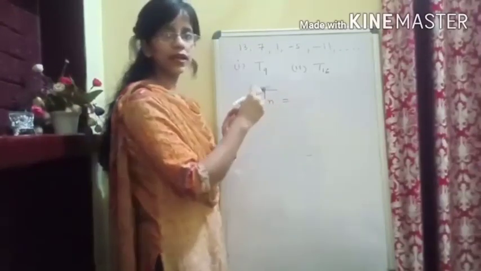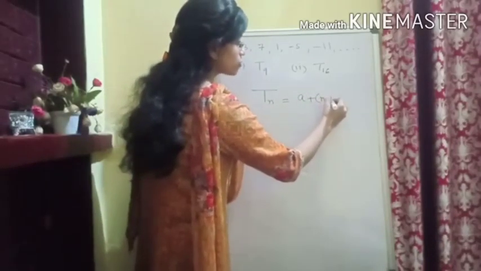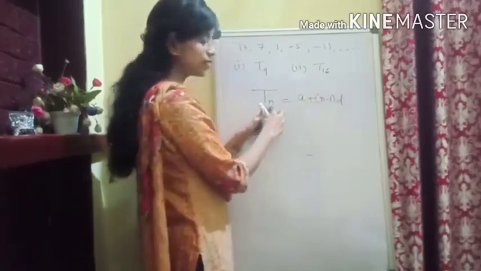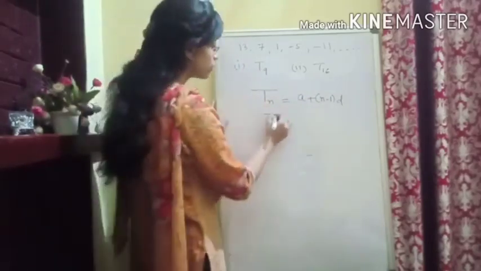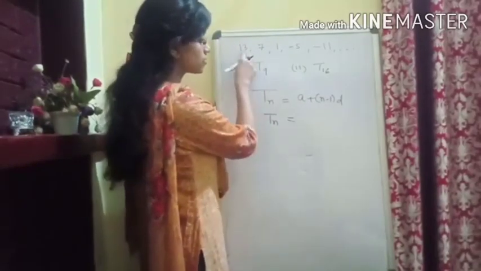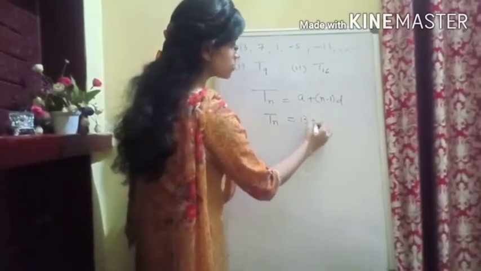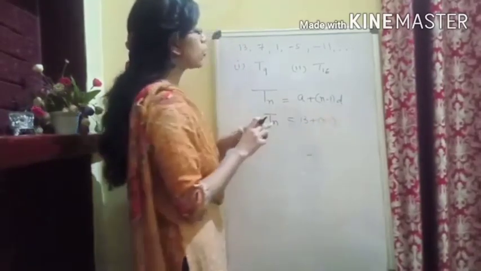So we know the formula, A plus (n minus 1) into D. We will not write anything for now because they are asking us to write the nth term. So we will write this Tn as it is. What is our A in the series? That is 13 plus (n, we will write it like this). And D, what is the common difference?